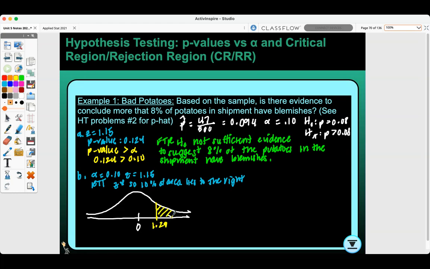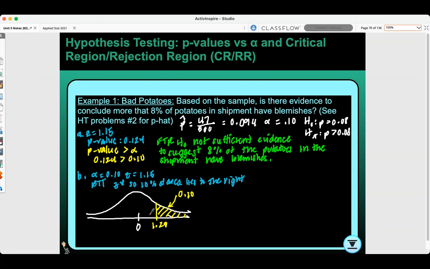You can either use your table of values or your calculator to find that. This has an area of 0.10. Now the test statistic that I found when I did my hypothesis test was 1.15, and 1.15 would be right here. 1.15 does not fall within my critical region, so I fail to reject the null hypothesis.